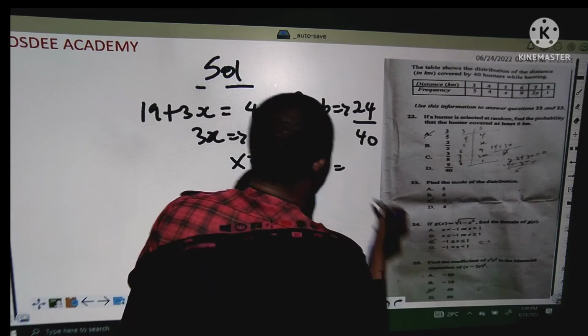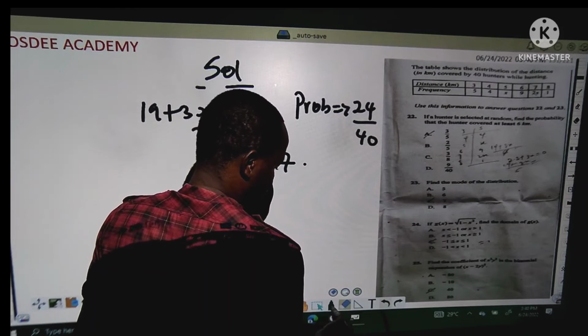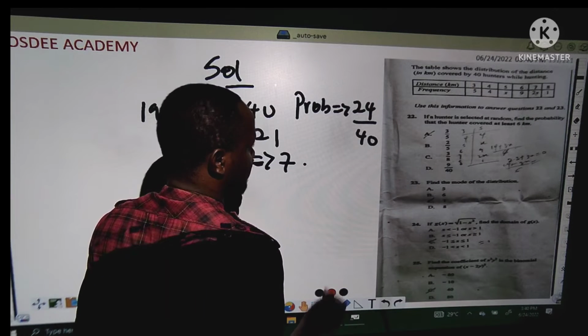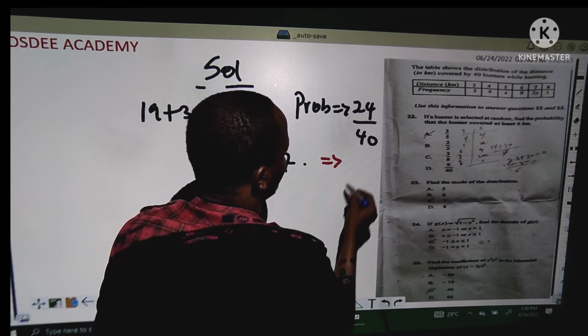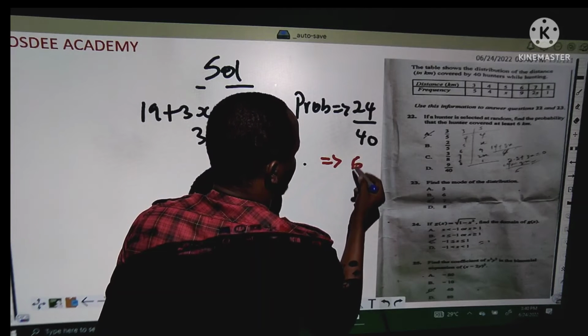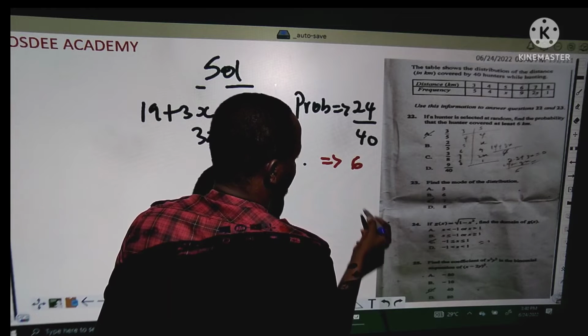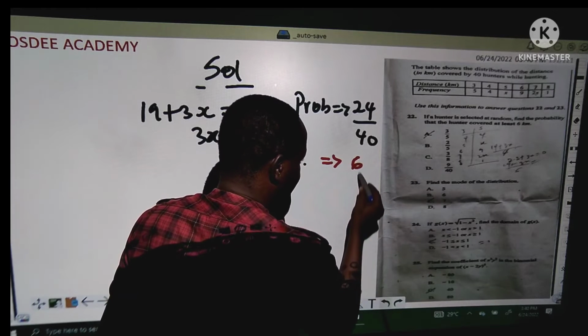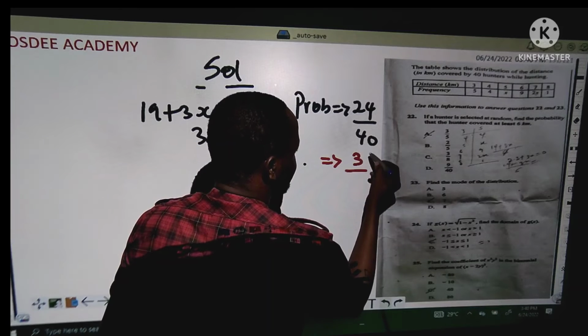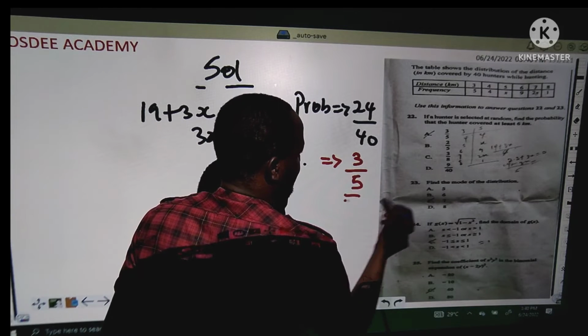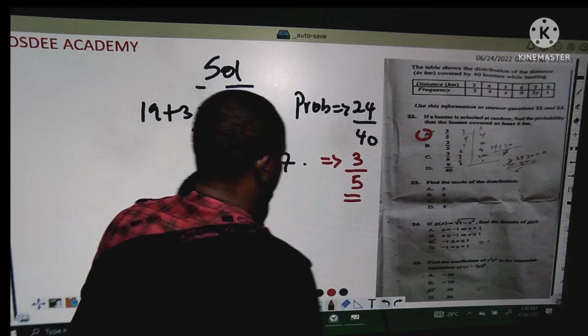So probability is equal to 24 over 40. 4 here, 6. 8 times 5 is 40 directly. 8 can go 3 times, 8 can go 5 times. So that's the answer. 3 over 5 is correct.